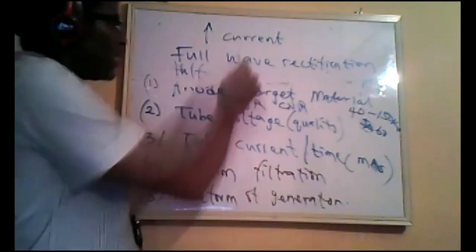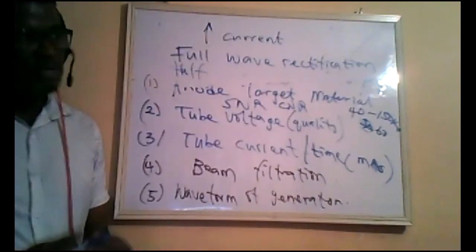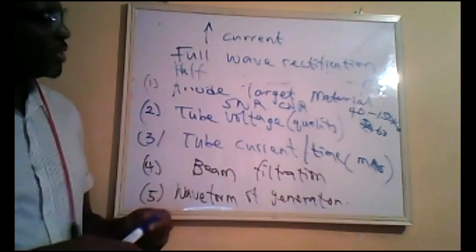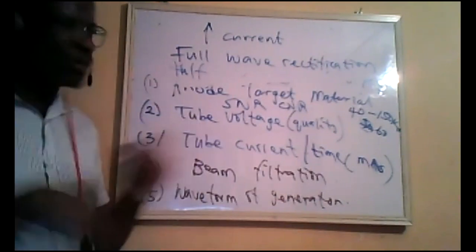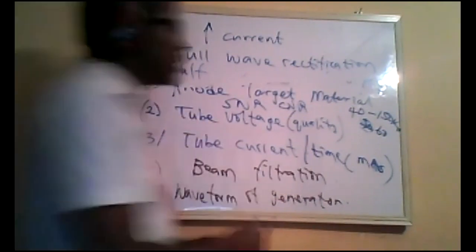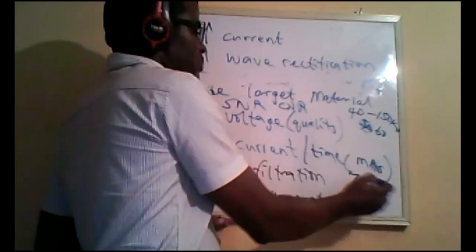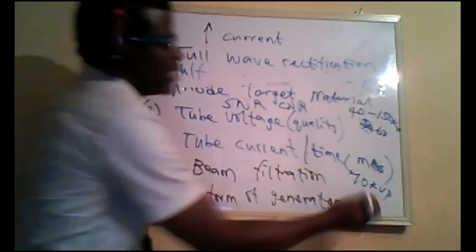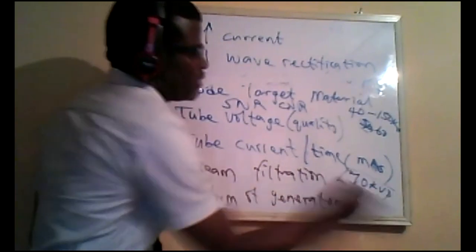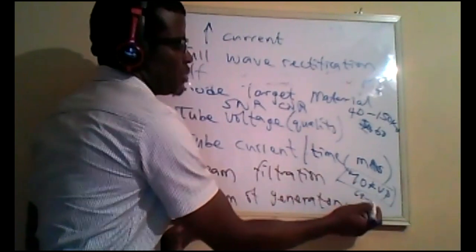So the ones that have full wave rectification give us better energy discrimination, so that we don't just have a kind of uniform energy, so the energy will not just be scattered. Let's say you apply 70 kVp, or you are using 70 kVp. At the end of the day, the energy you might have will just be in between maybe 69 to 71.